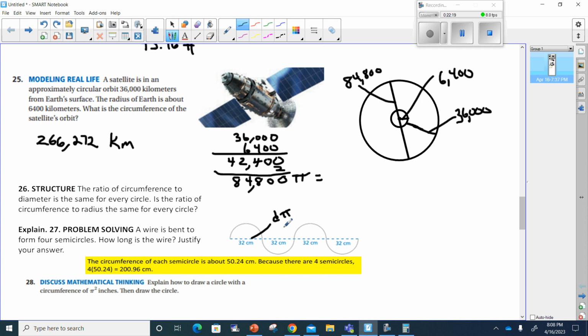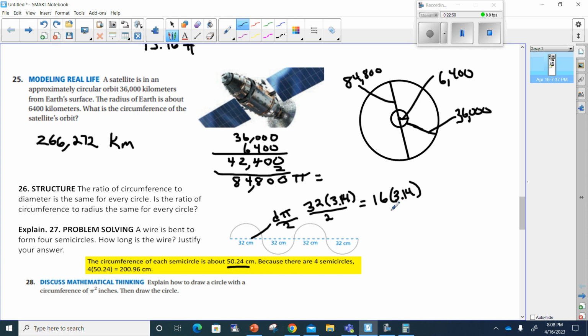Then we have to divide that by 2 to find out what half a circle is. So we're really taking 32, dividing it by 2, and then multiplying by 3.14. Half of 32 is 16, so this is 16 times 3.14. And yes, that does equal about 50.24.